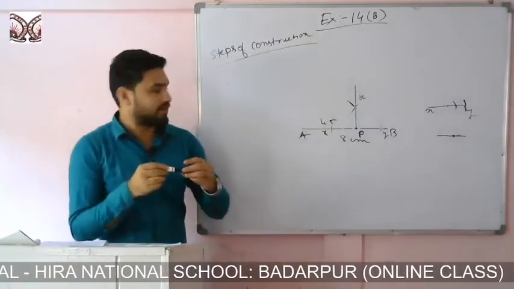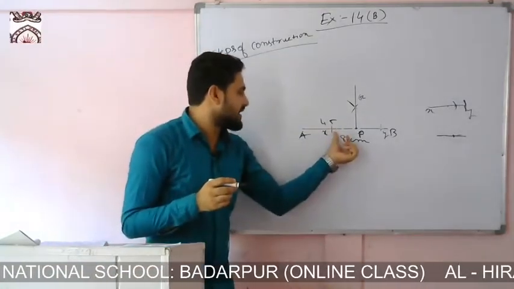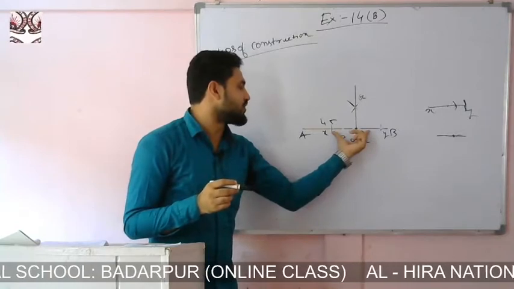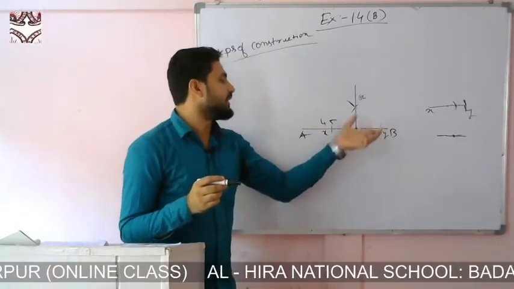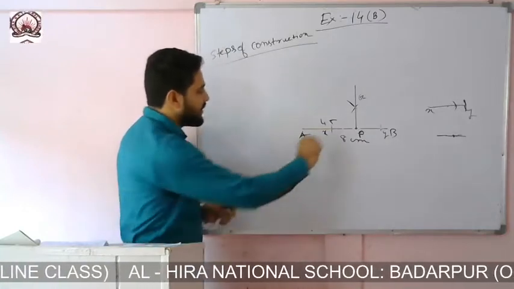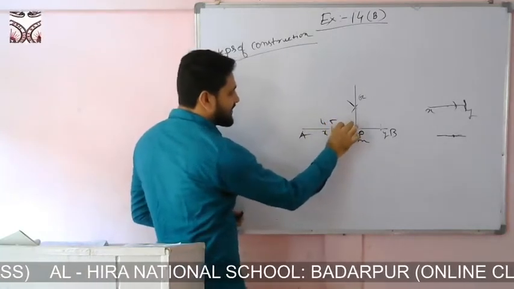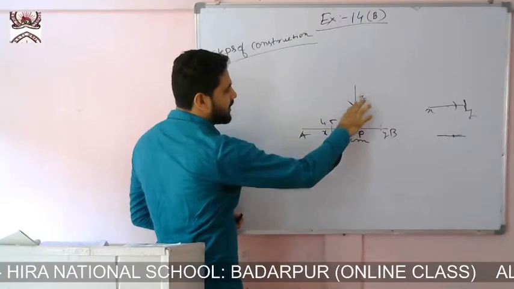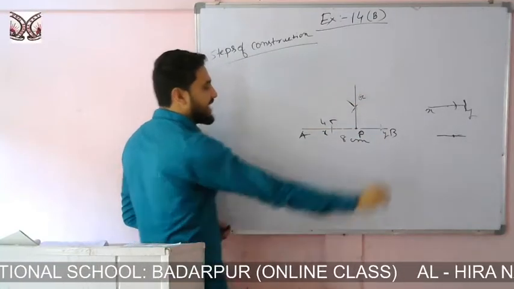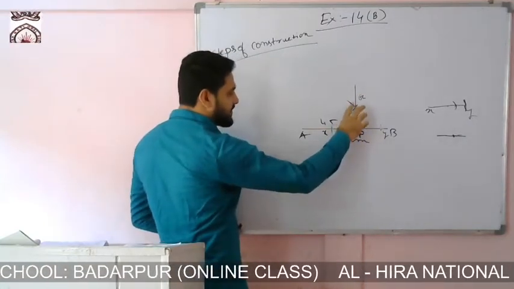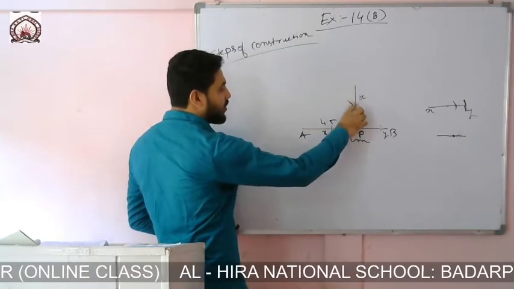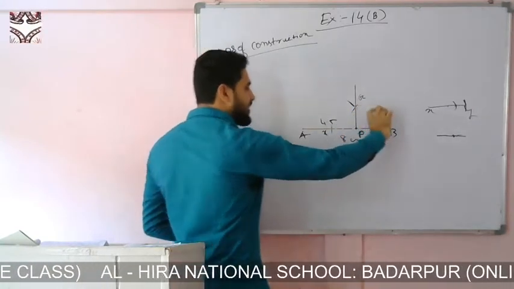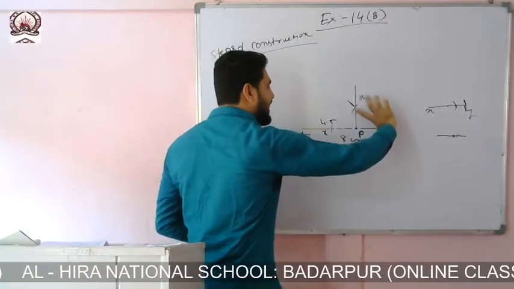So from X I have taken a suitable distance which is more than half of XY. After that you place your compass needle at Y, without changing the radius you used from X, and draw an arc.